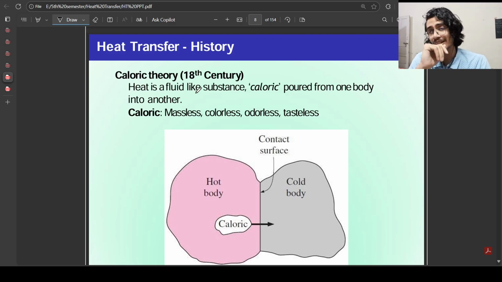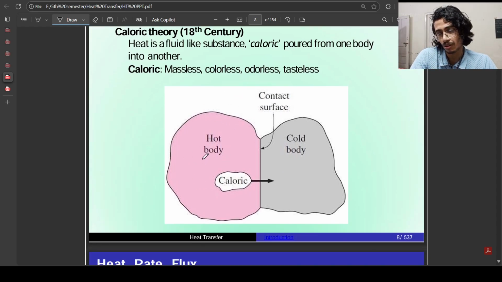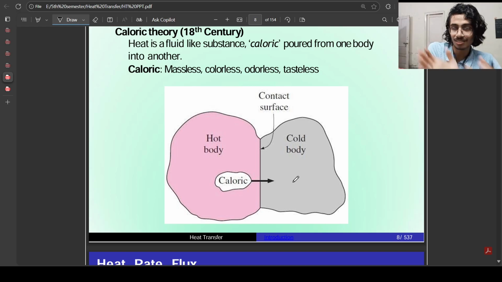What does caloric mean? Caloric means it is massless, odorless, tasteless, like this. And they said it is poured from one body to the other. Like if you consider this pink color as the hot body and the other part as the cold body, the caloric fluid-like substance will be poured from the hot body to the cold body.